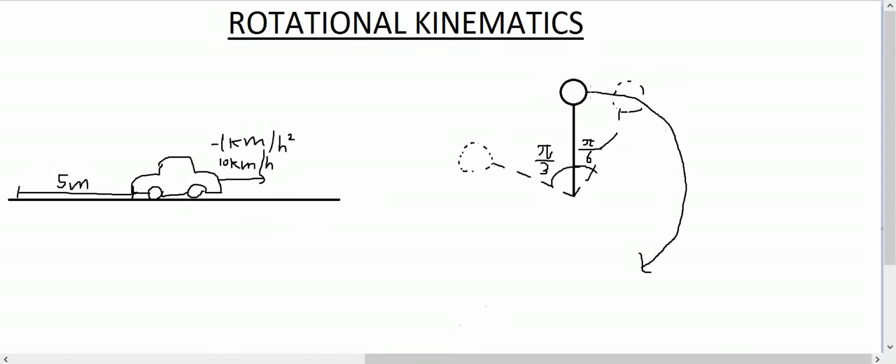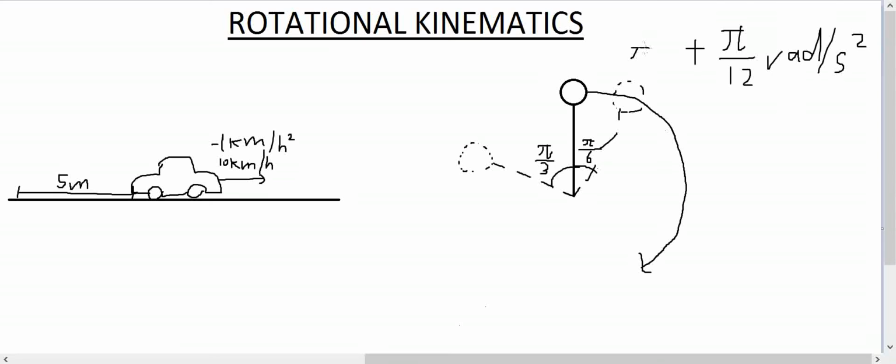Let's say the angular acceleration is positive pi over 12 radians per second squared.